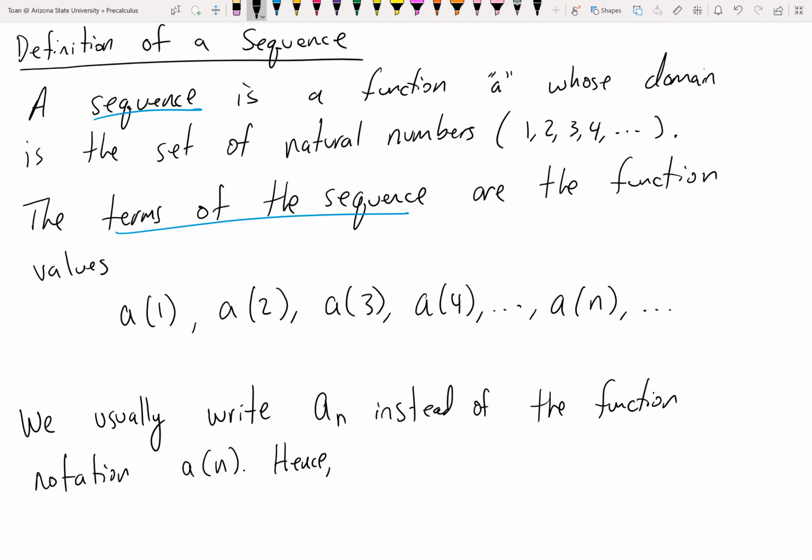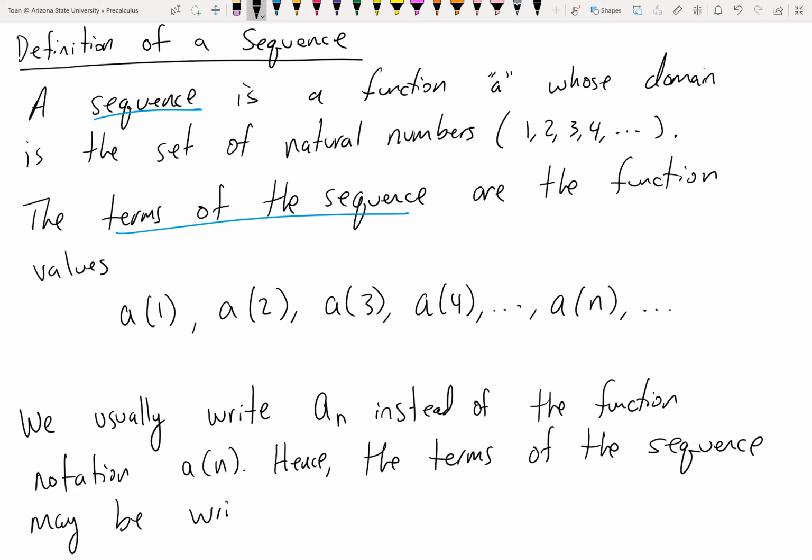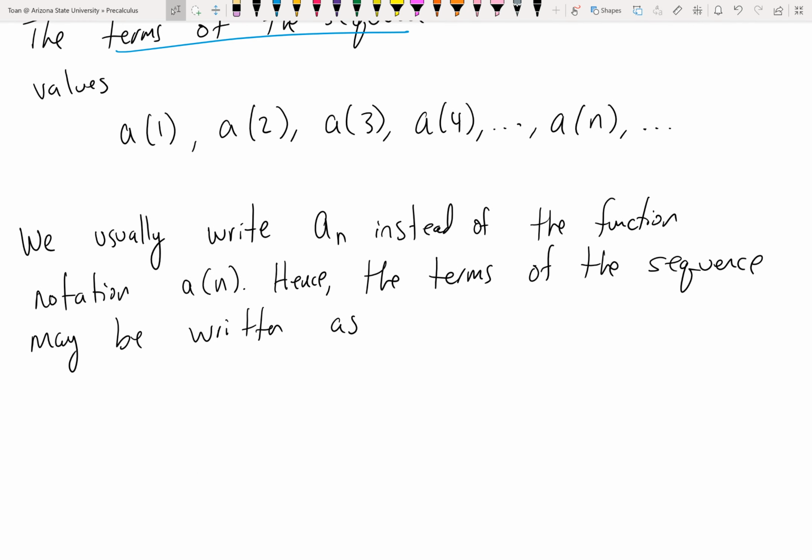Hence, the terms of the sequence may be written as, instead of a of 1, a of 2, a of 3, we can write a sub 1, a sub 2, a sub 3, so on and so forth, right?